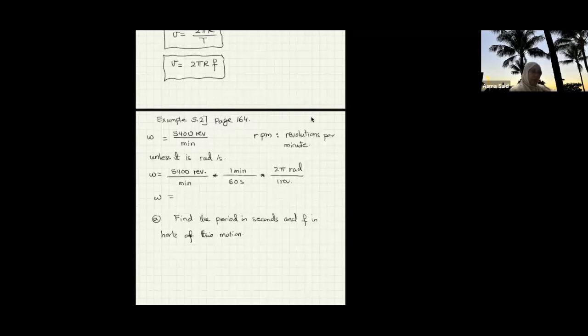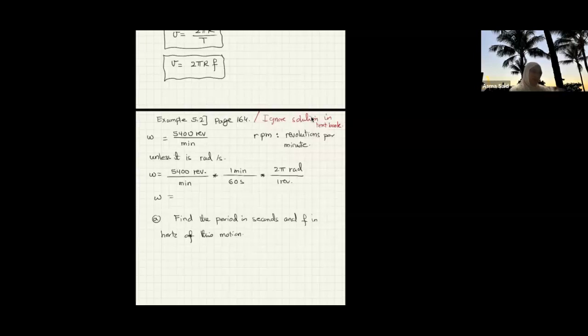I would write here: ignore solution in textbook. Now let me have that 5400 multiplied by 2 and then divided by 60.